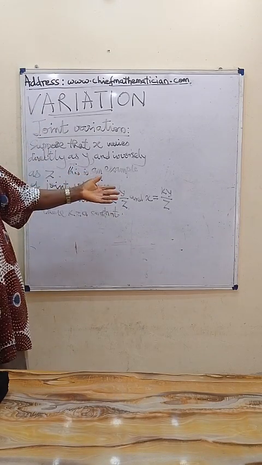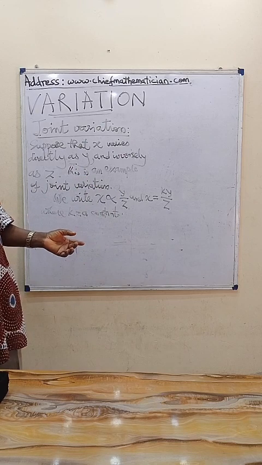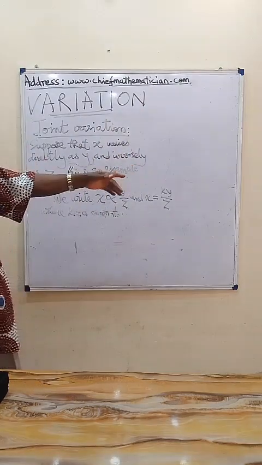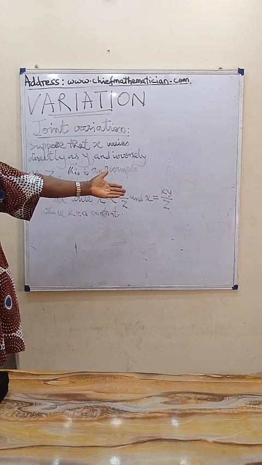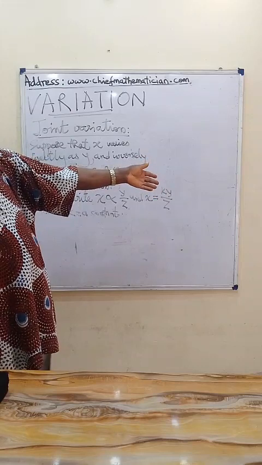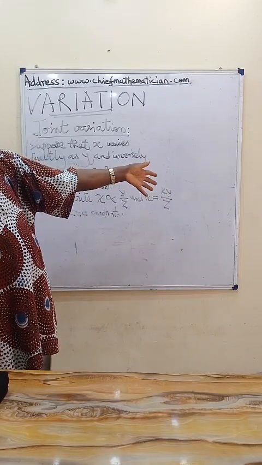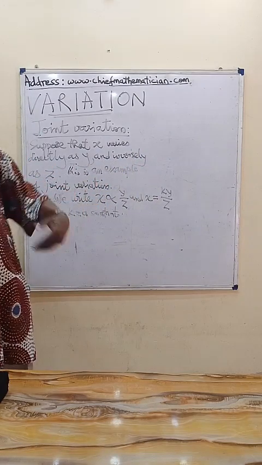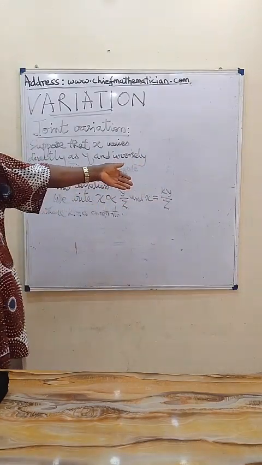This is an example of a joint variation. x varies directly as y and inversely as z. It is written in this form, followed by an equation involving a constant. In such a case, we are given conditions which will enable us to find the value of the constant.